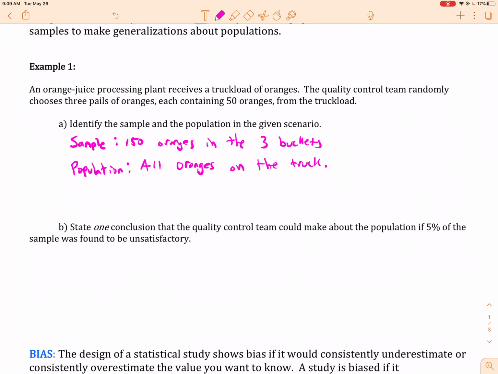So in fact, it says state one conclusion that the quality control team could make about the population if 5% of the 150 from the sample was found to be unsatisfactory. So what can we say? Well, if we take a good sample, then if 5% of the sample is unsatisfactory, they can conclude that approximately 5% of the population will be unsatisfactory.